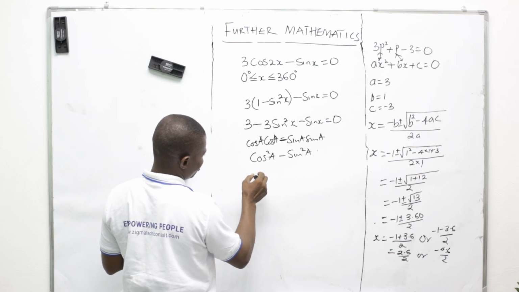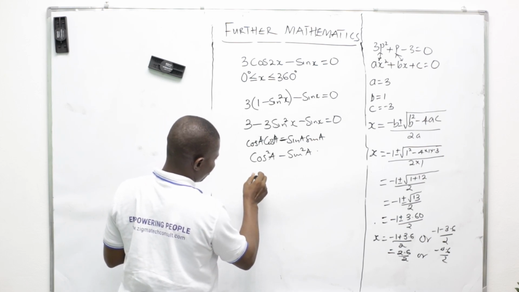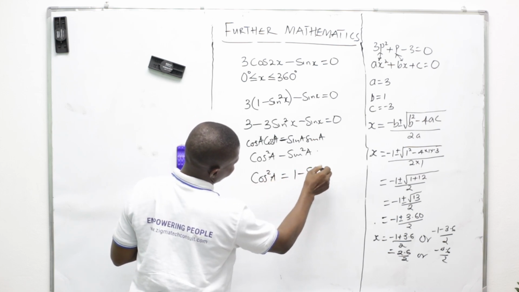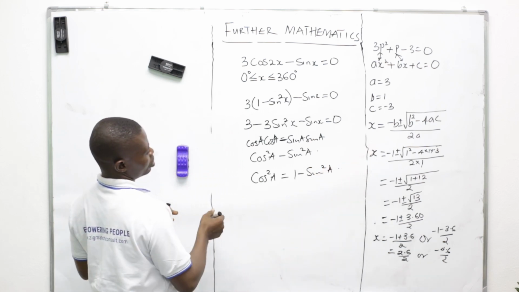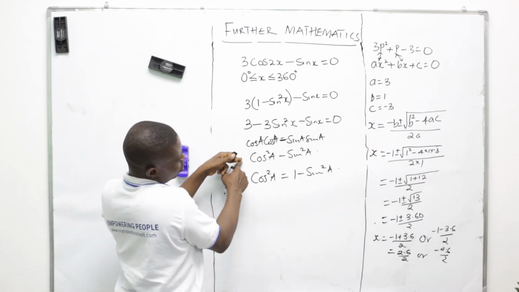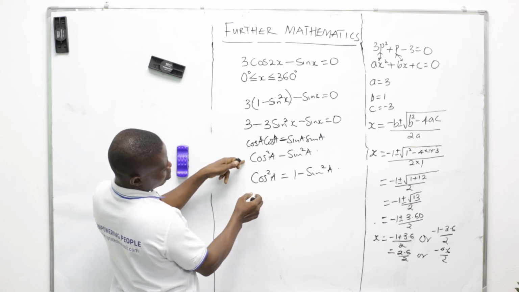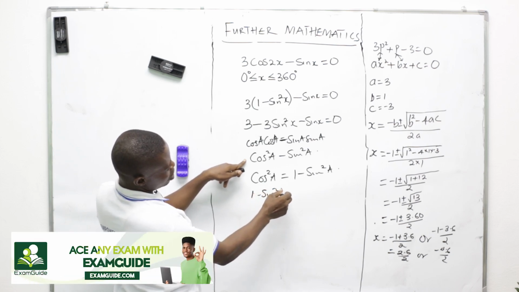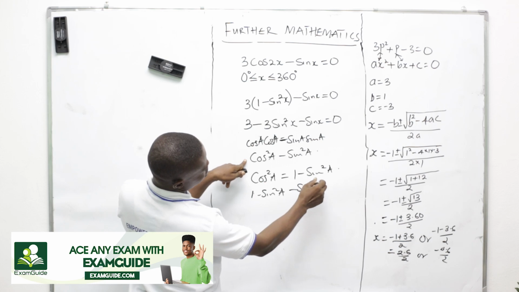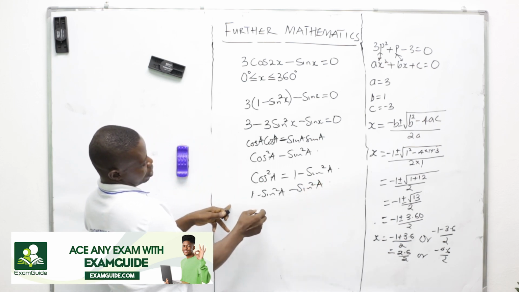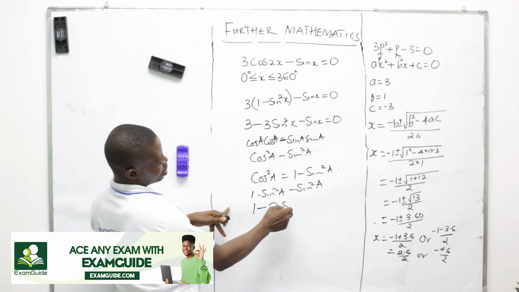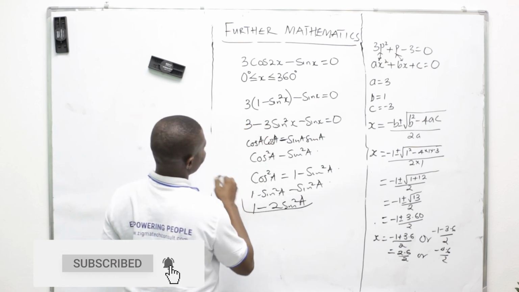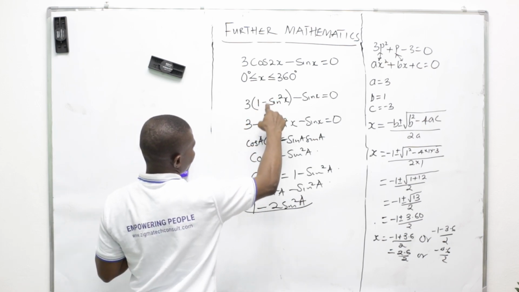If you can remember, cos square A equals 1 minus sine square A. Replacing this here, 1 minus sine square A minus sine square A gives us 1 minus 2 sine square A. So, from here, we missed our 2 here.